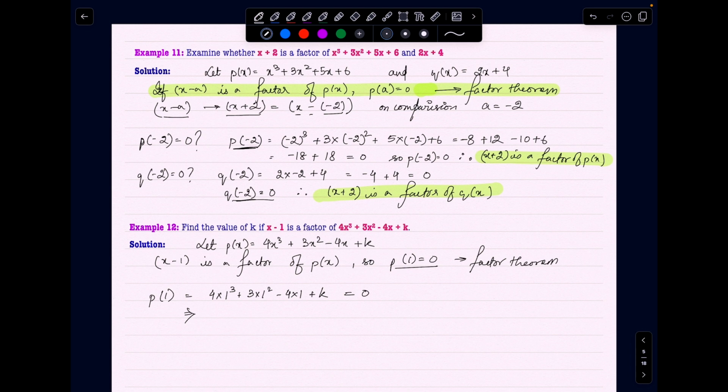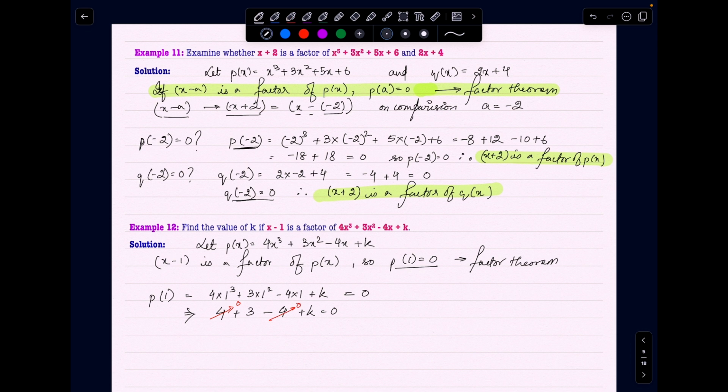So this gives 4 into 1 cube is 4, plus 3 into 1 square is 3, minus 4 into 1 means 4, plus k equals 0. Now this 4 got cancelled, it becomes 0.